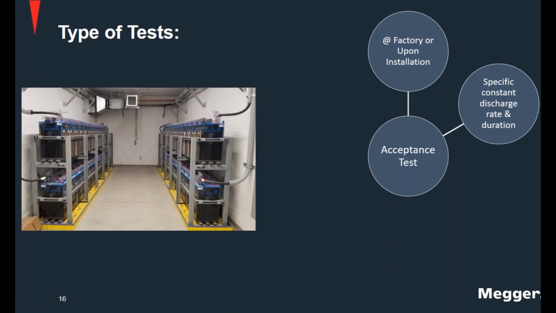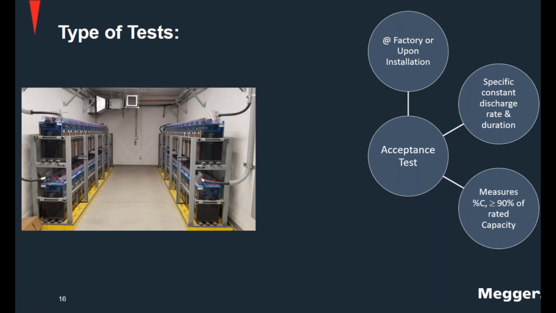Then the purpose of the test is to measure the capacity of the battery, the percentage capacity, and a result of 90% is acceptable. That's typical to see. Batteries, especially the vented lead acid batteries, start to develop their capacity once you pour the acid in.